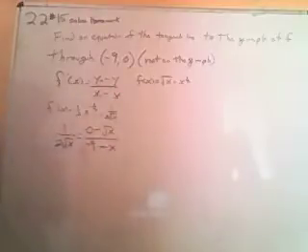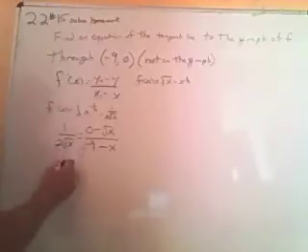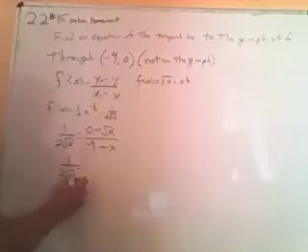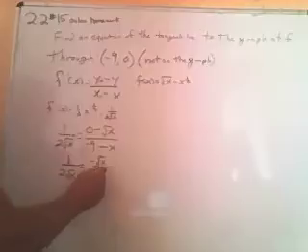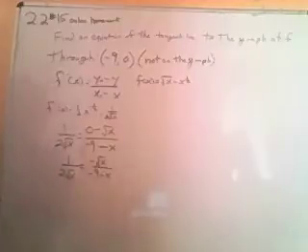Now we have just an equation in terms of only x. And we can solve this. Let's clean it up a little bit. 1 over 2 times the square root of x equals negative square root of x over negative 9 minus x.